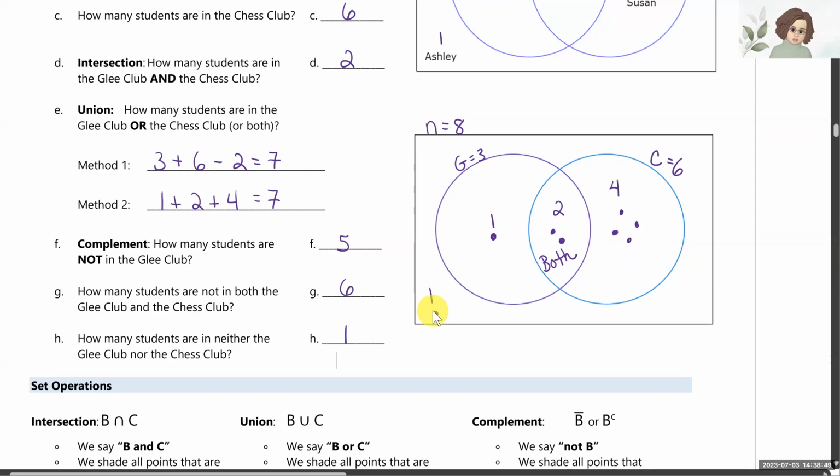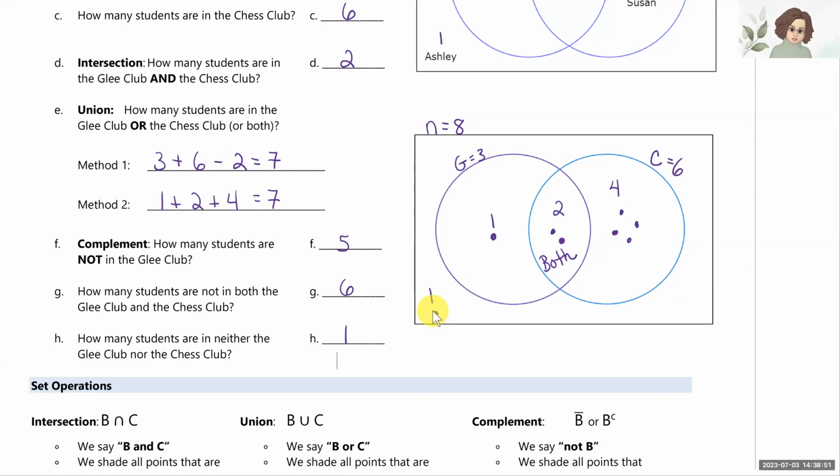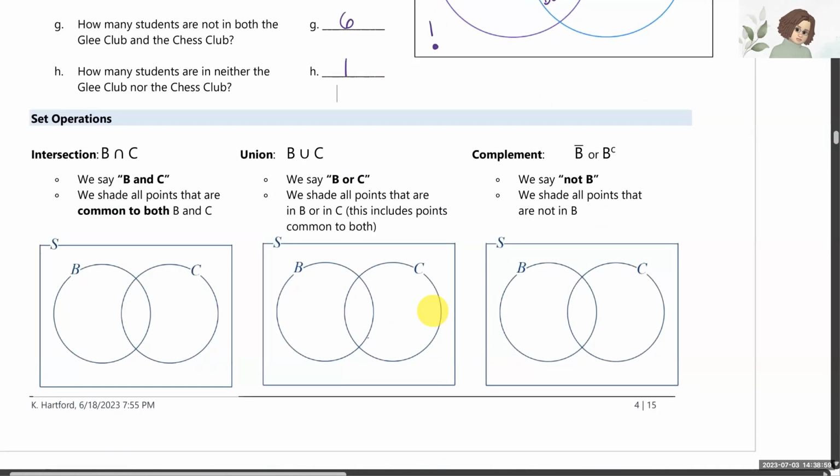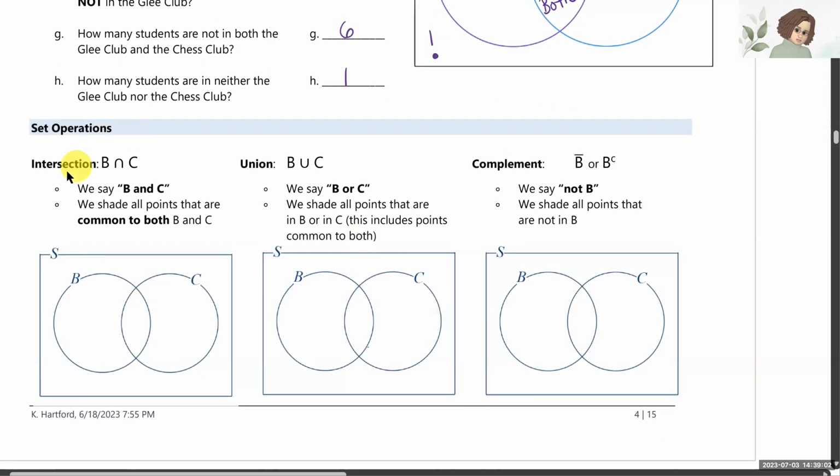Okay, so at the bottom, we're going to do some shading and introduce symbols for intersection and union that you may or may not have seen before. So we'll start here with intersection. So we'll read this as and.